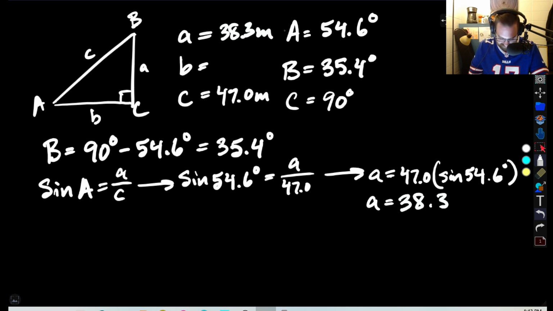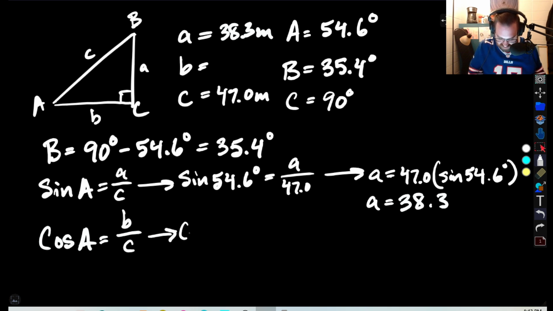My B, to find this length, I could do the cosine. So let's do cosine of A is equal to my adjacent over my hypotenuse. So cosine of 54.6. Again, I like using the same angle because it makes it a little more consistent. My B over my 47.0.